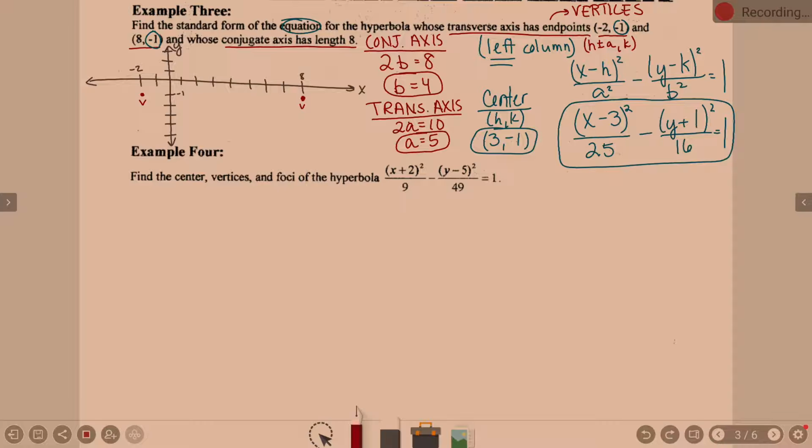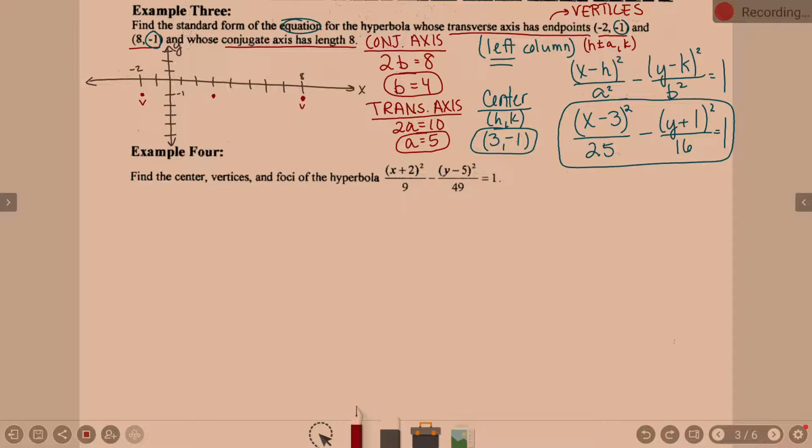If you are a picture person and you didn't like how we found the center, here's where you find the center. Because, can I count how far apart -2 and 8 are? I can, right? And if I count those, they are 10 apart. So if you meet in the middle, count in 5: 1, 2, 3, 4, 5. We end up right there, don't we?